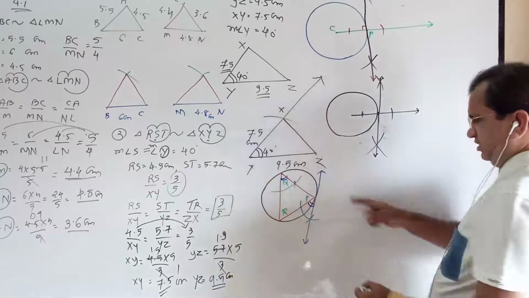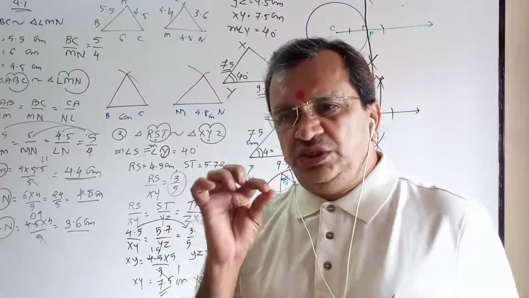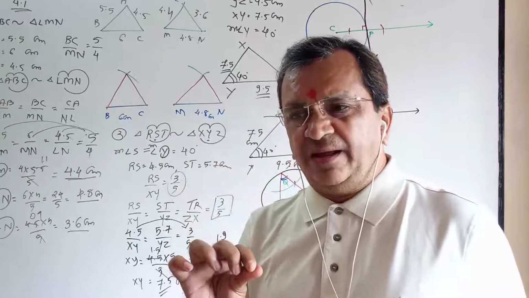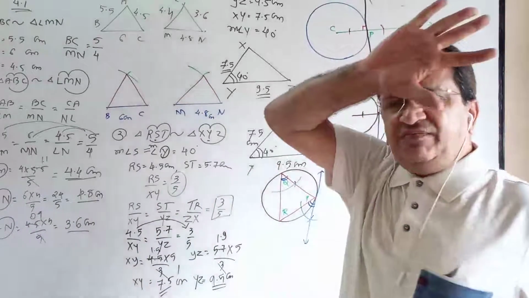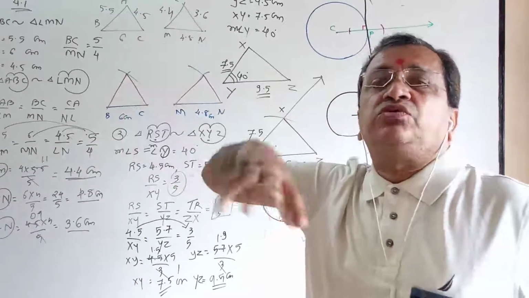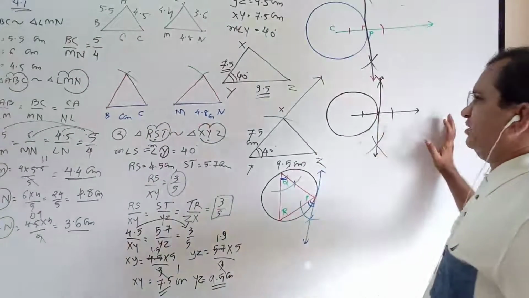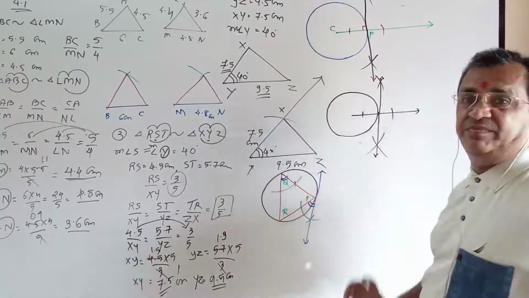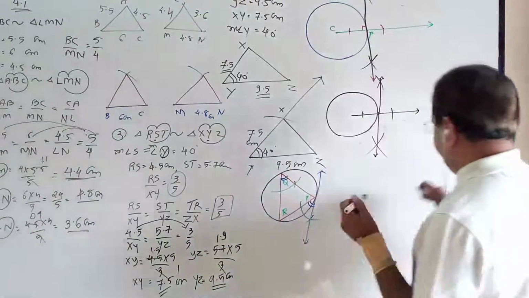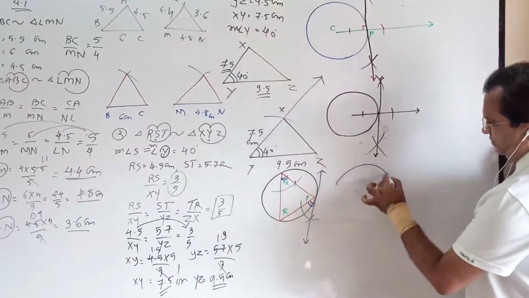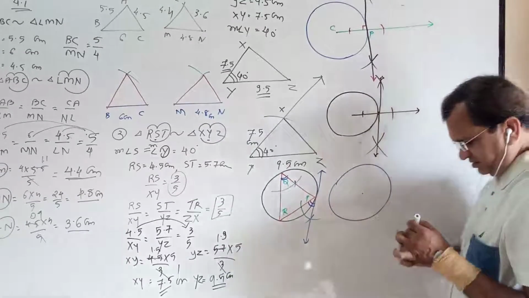If these two are equal, then it will be the tangent. So here we are using the inscribed angle theorem. In this there will be no instruction for how to draw a single tangent to the circle. Here a special instruction will be there: without using center. Again I am repeating, without using center to draw a single tangent.